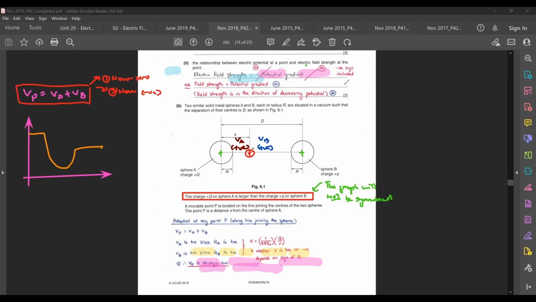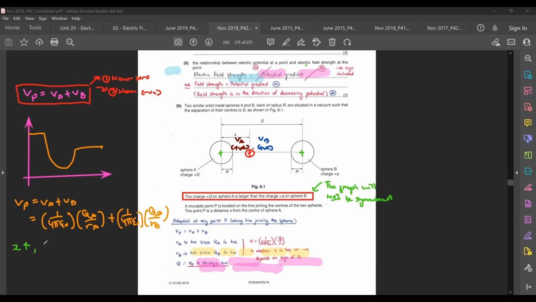How do I then work out the exact shape? It is due to this. If I expand the equation, VP is equal to VA plus VB. Let me write it out first: 1 over 4 pi epsilon naught QA over RA plus 1 over 4 pi epsilon naught QB over RB. I actually did the same thing for you last time.